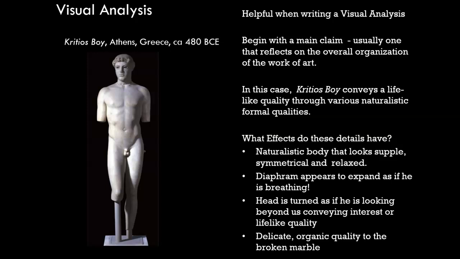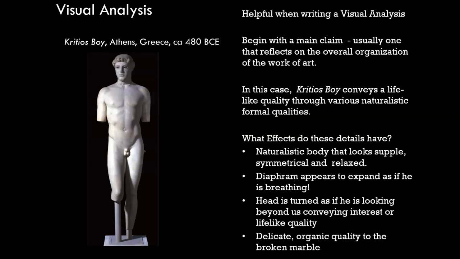Now, it is helpful when writing a visual analysis to begin with a main claim, usually one that reflects the overall organization of the work. And in this case, I have created one for you, and I have written, Critias Boy conveys a lifelike quality through various naturalistic formal qualities. And then in my writing, I would go through to list these in the paragraph below.